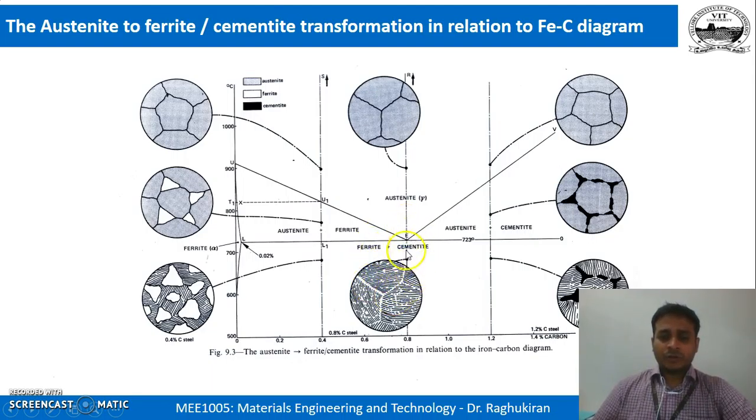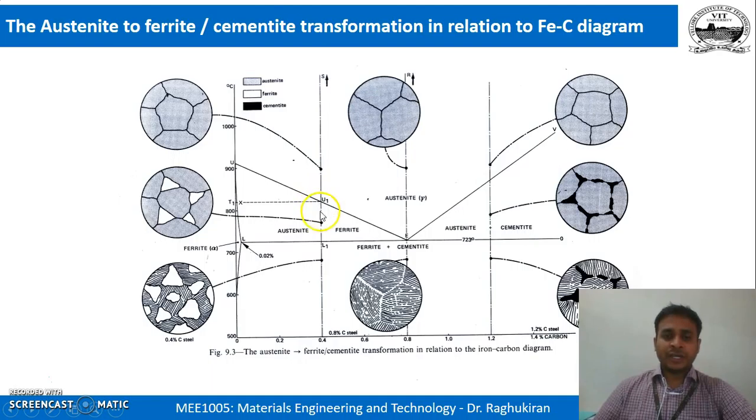So what happens if you have an alloy on the left hand side, any alloy on the left hand side? Assume you have this particular alloy. You have your austenite again, similar to this, your austenite here. And once you start cooling down, you will come to a point where you start first having the ferrite coming out of the solid.